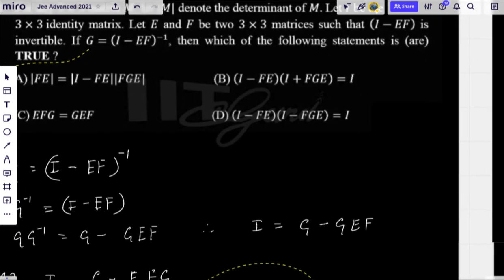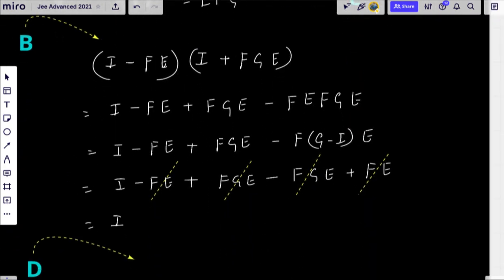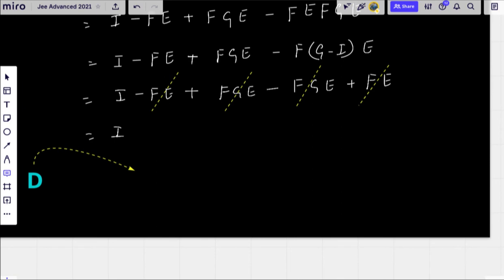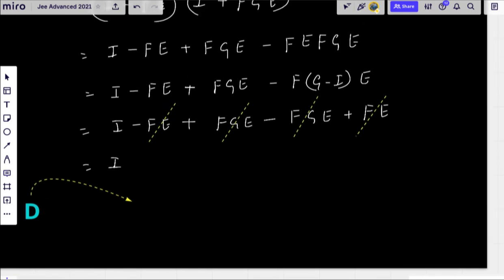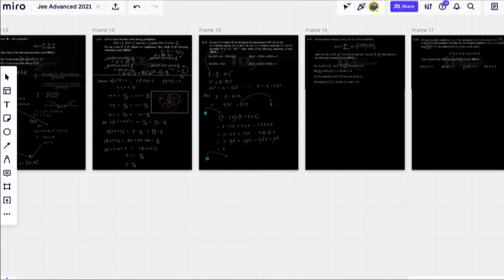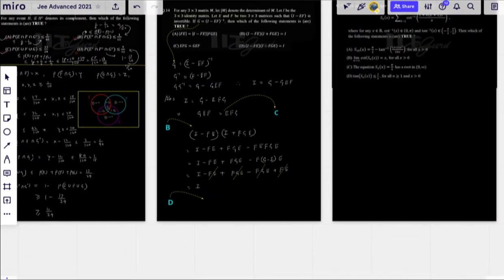So first of all, find FE and the mod of FE, that is 1, and then substitute this value over here. So better we can say, as you know, that is I minus FE. Let me get some space.